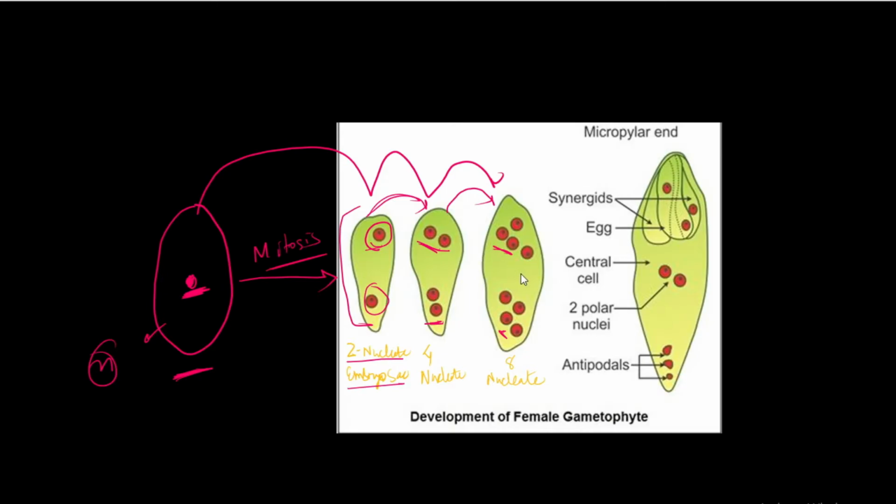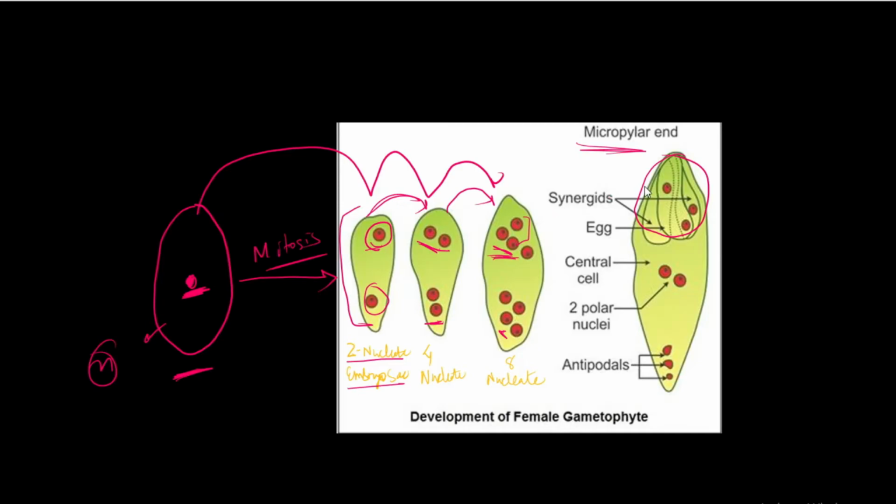Now no further mitotic division takes place; the division stops here. Now arrangement of the nuclei occurs. Three nuclei out of the four in the top portion get arranged at the top region, at the micropylar end or micropylar pole.